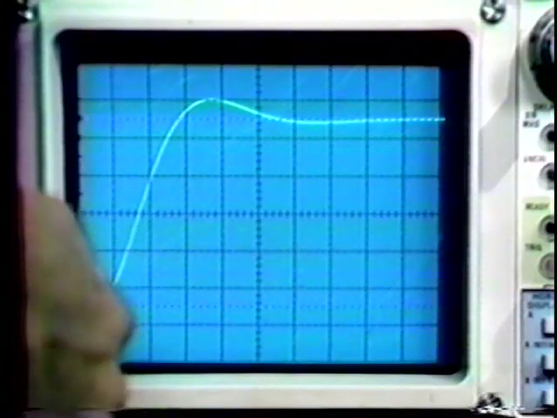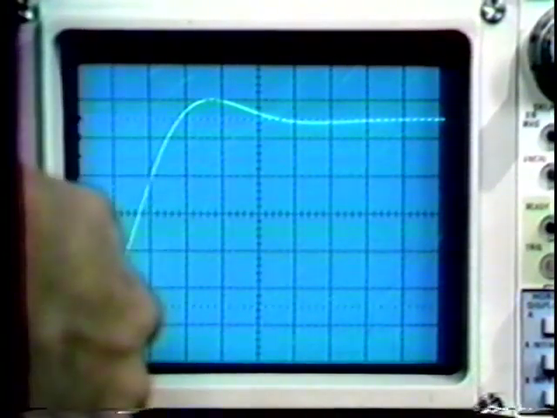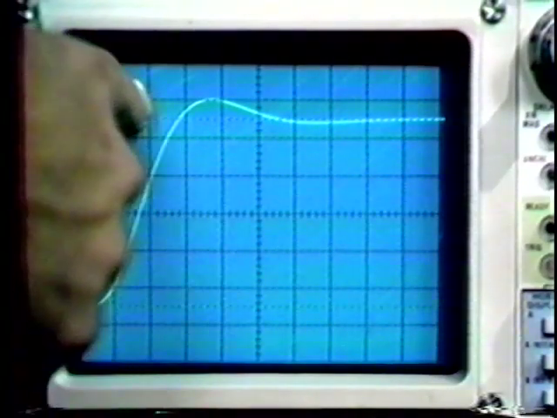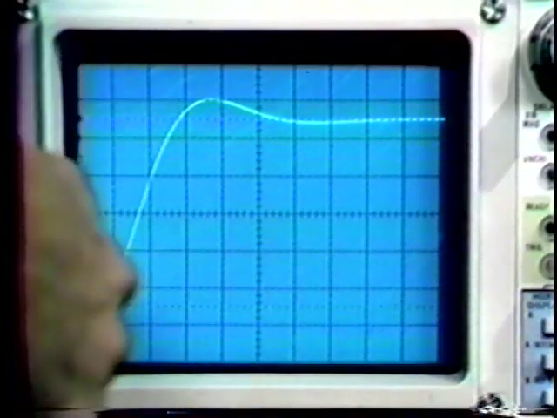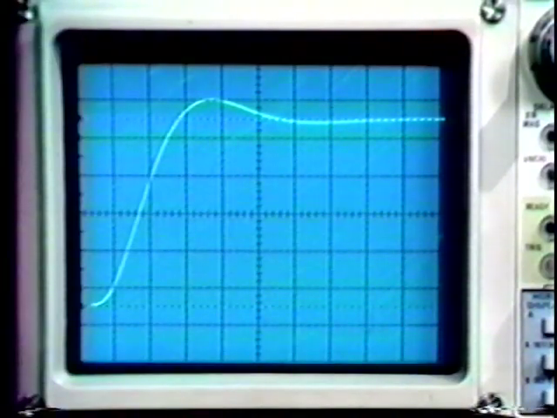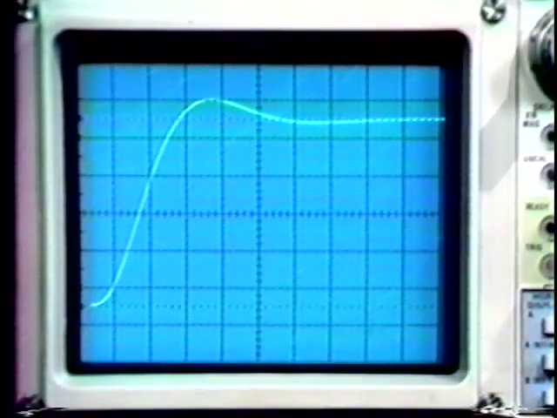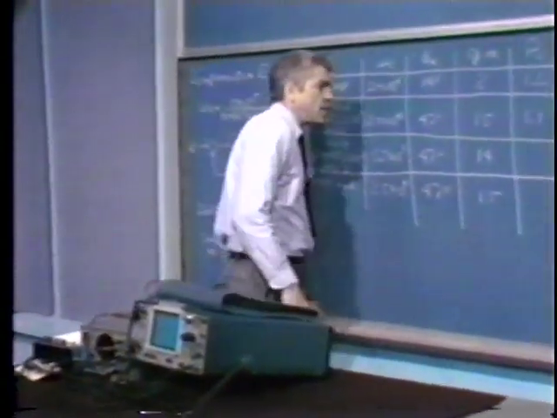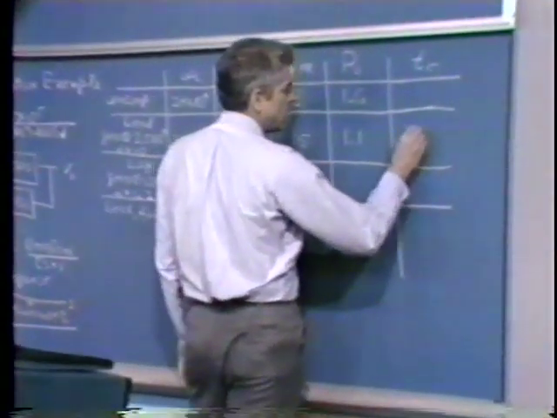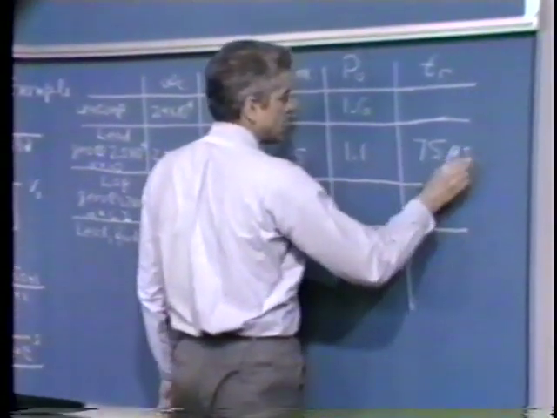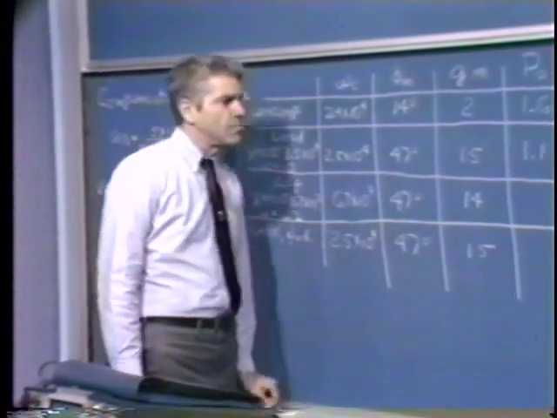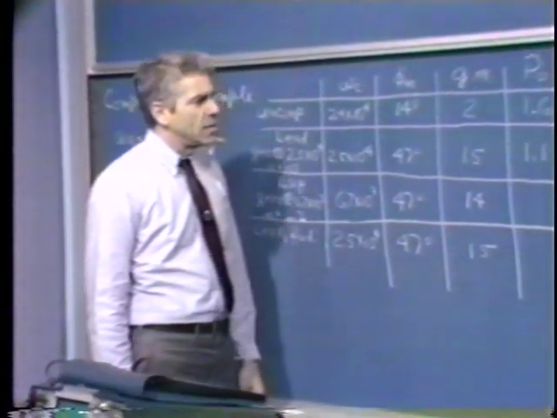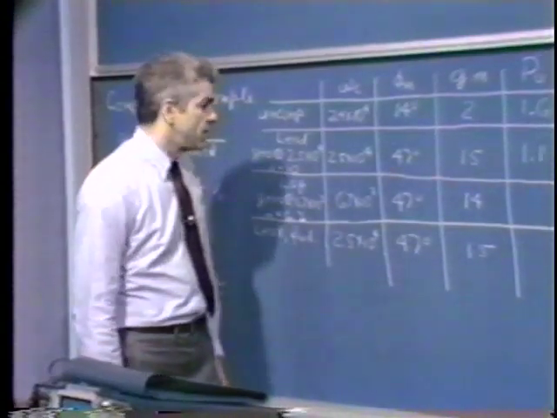We have about 1.5 major divisions between these two points. We're at 50 microseconds per major division, and so the rise time for the lead compensated amplifier is about 75 microseconds. The rise time for the uncompensated amplifier doesn't really mean much, because we probably wouldn't operate the amplifier that way anyway. The system is not nearly stable enough.